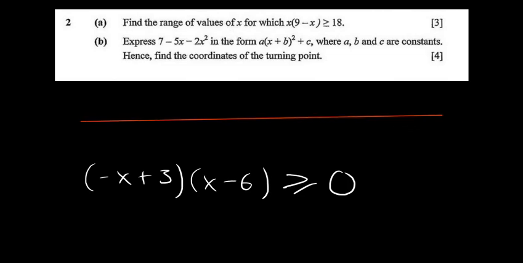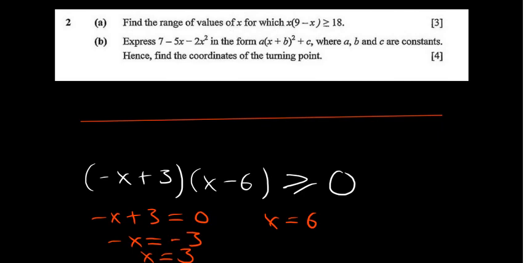Let's try to find the values of x by taking it as though it's an equation, the ones that satisfy the fact that it's 0, the zeros of this inequality. So equate all these to 0. Negative x plus 3 equals 0, negative x becomes negative 3, so x is equal to 3. For the other bracket, x is equal to 6. So we have 3 and 6.